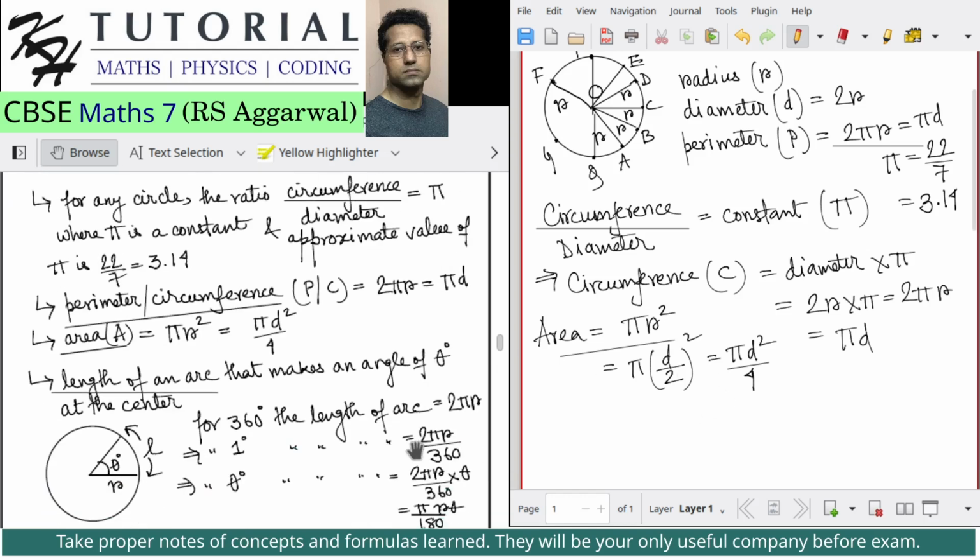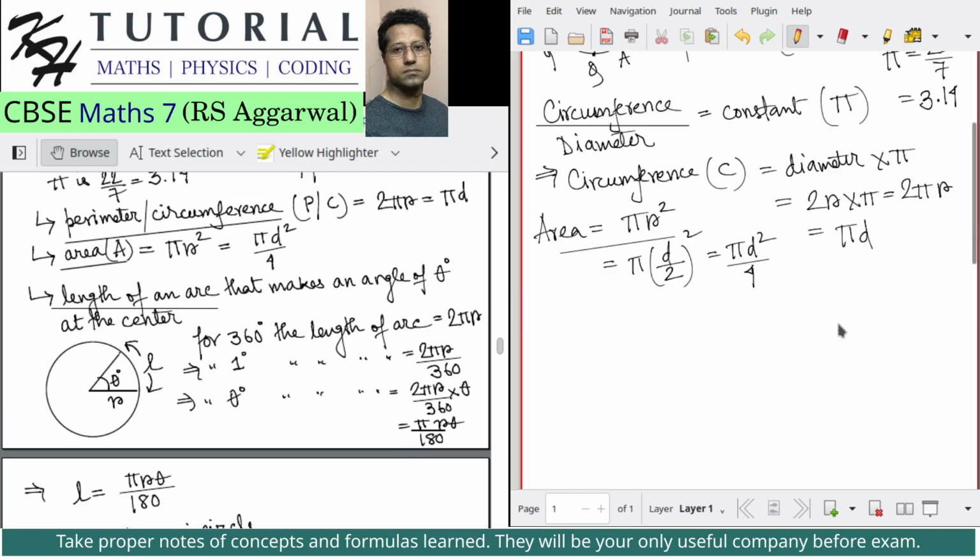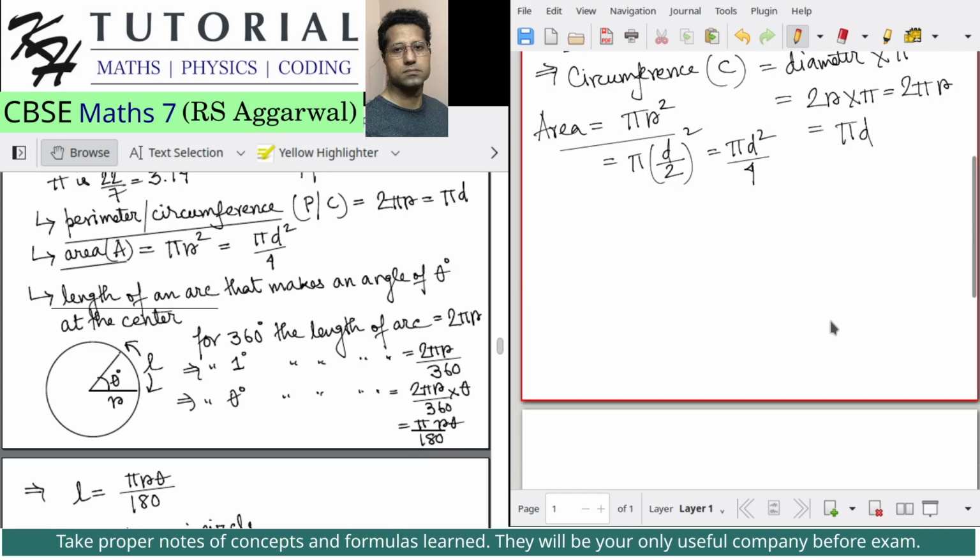Okay, now let's discuss a few other related concepts about a circle. The first one is the length of an arc of a circle that makes an angle theta degree at the center. So let's consider a circle. What is an arc?